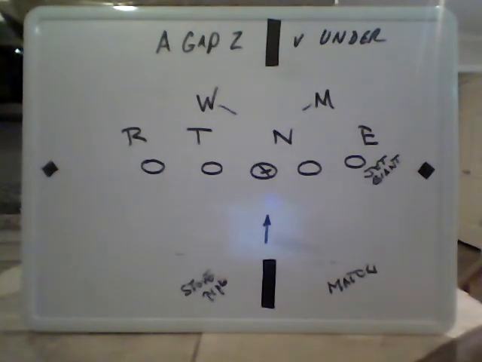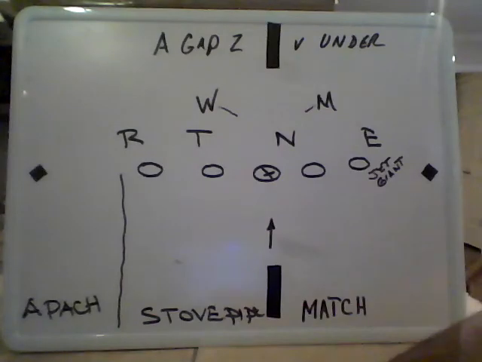That's just my take on it, and I'd probably stay away from A gap zone and run some sort of power play or trap just to hit the A gap, if you don't have a runner, if you don't have a point guard at quarterback. Whatever, it's up to you.